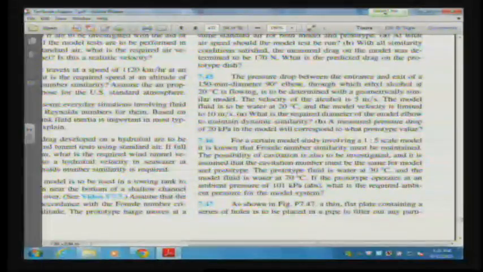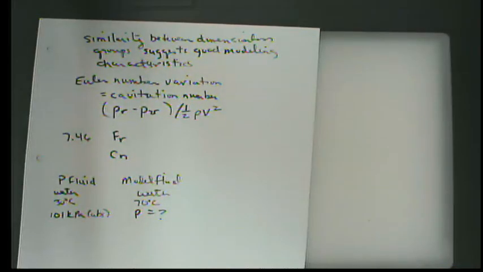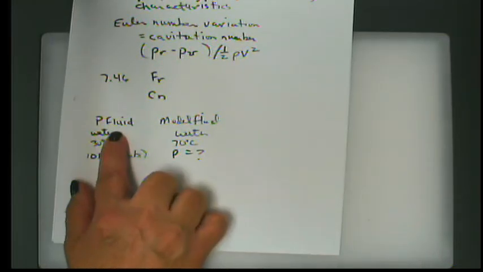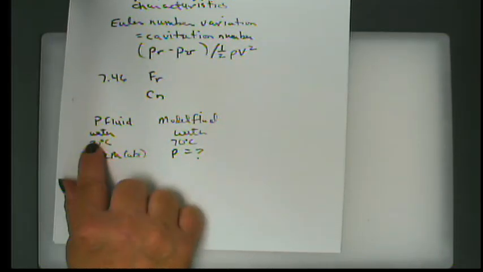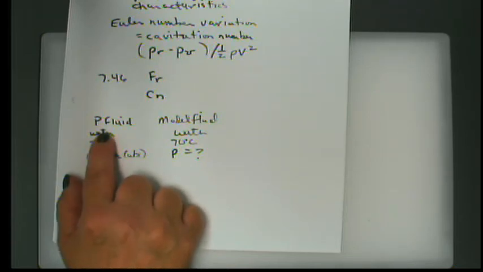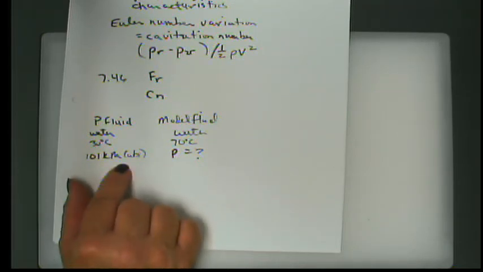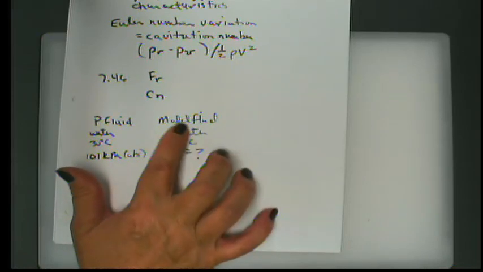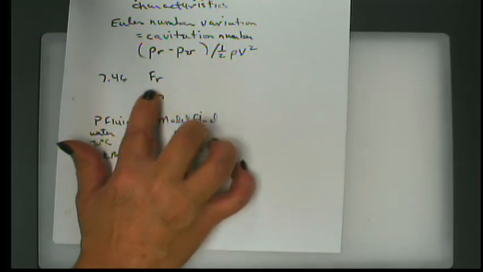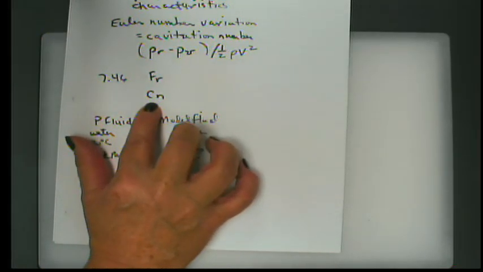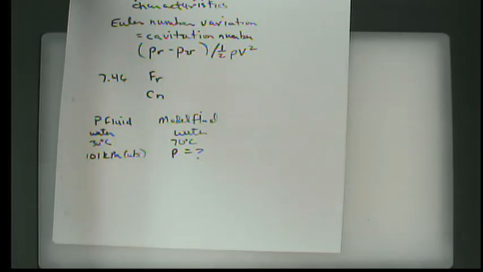All right, so if we take a look at the parameters of this problem, this is basically what we're looking at. We have a prototype where we're going to be looking at the model or the prototype in water at 30 degrees and a pressure of 101 kPa. We want to maintain Froude and cavitation number similarities for water at 70 degrees.